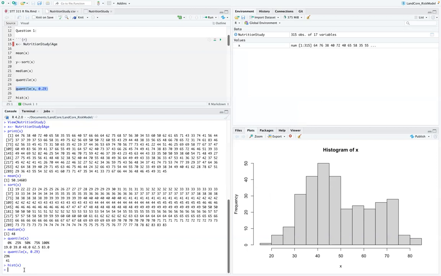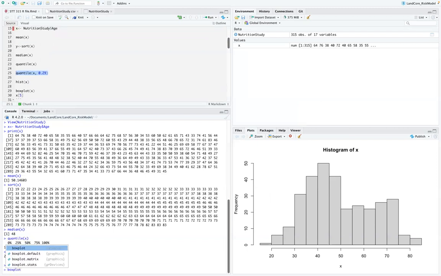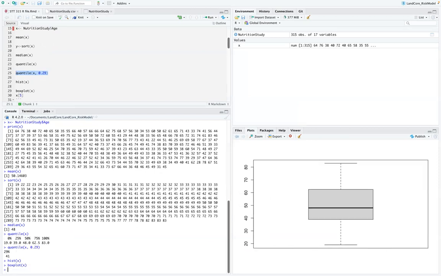And we can also do a box plot by doing boxplot X. And here is our box plot. Here's your quantile 1, quantile 2, quantile 3.